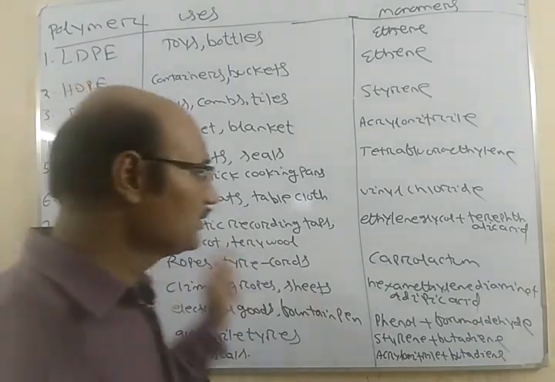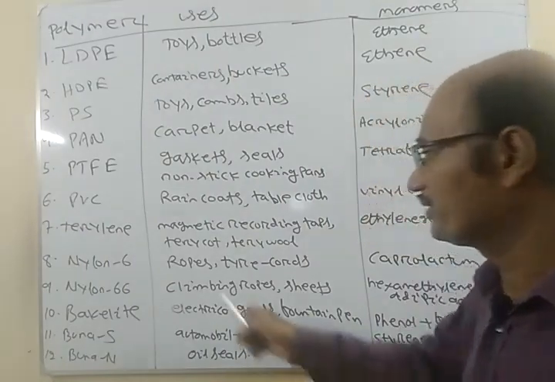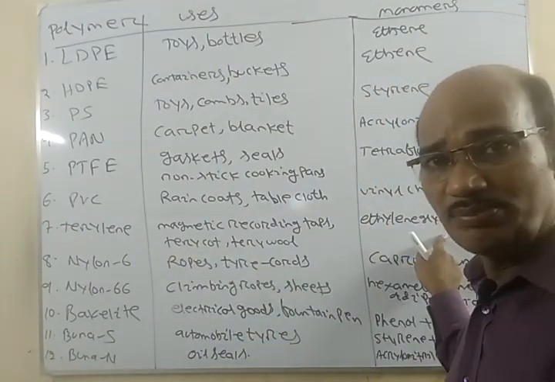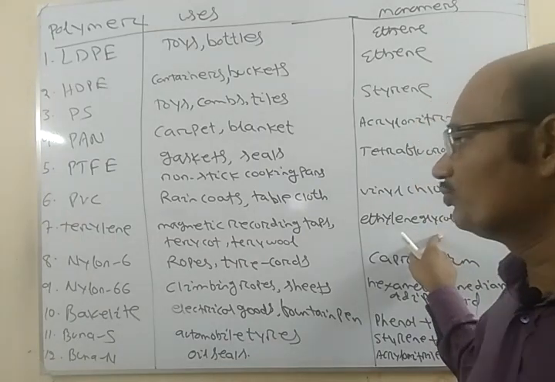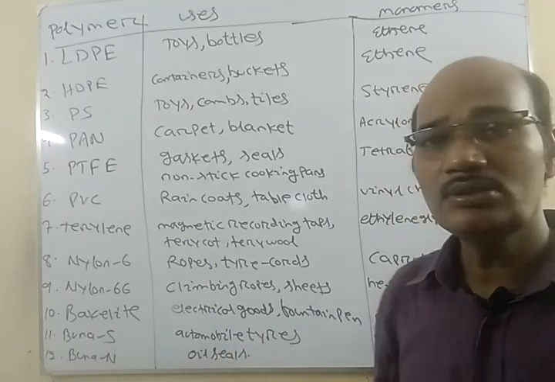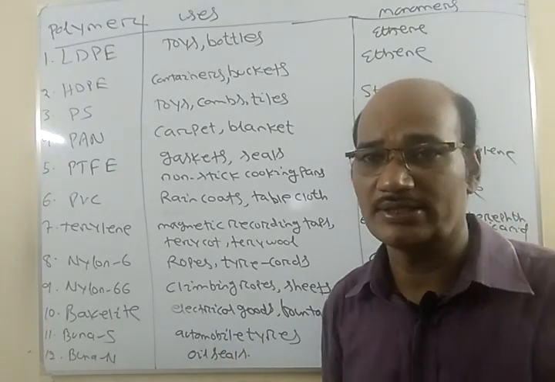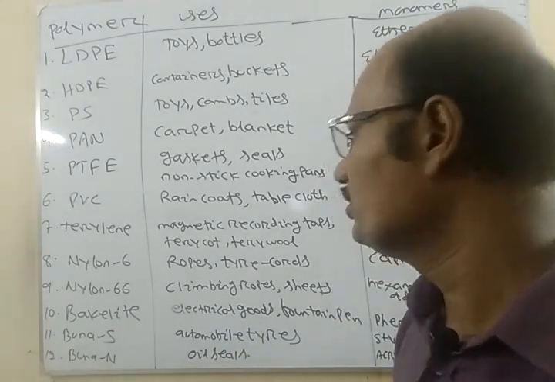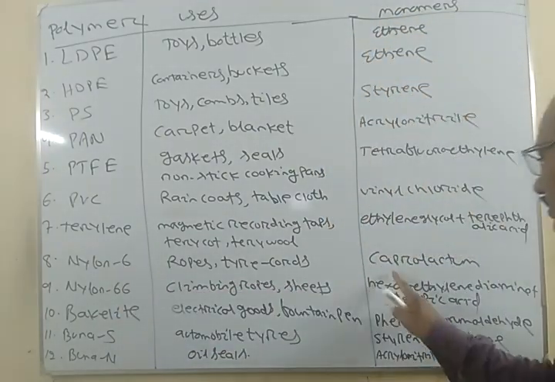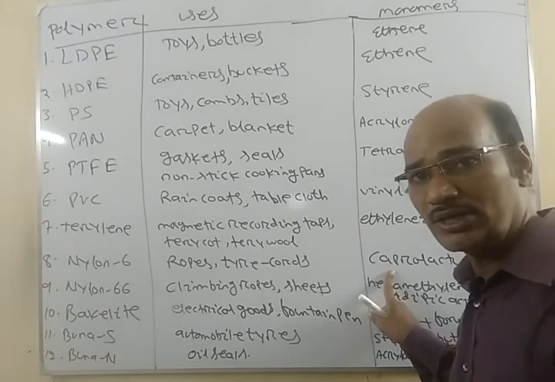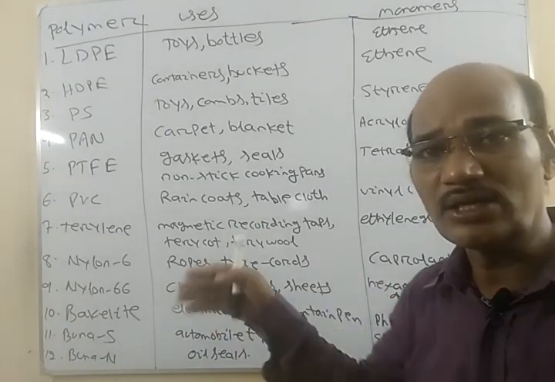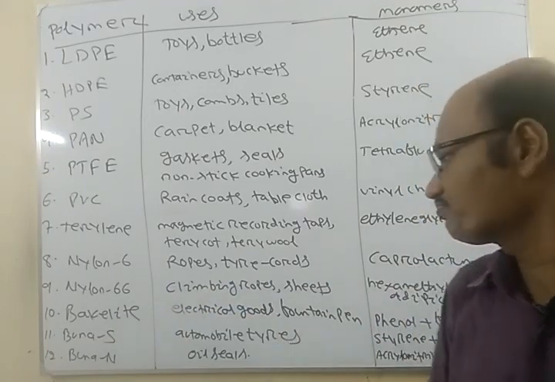Then terylene, the monomers are ethylene glycol and terephthalic acid, used for making magnetic recording tapes, terry wool, etc. Now nylon 6, the monomer is caprolactam, used for preparing ropes and automobile tire cords.